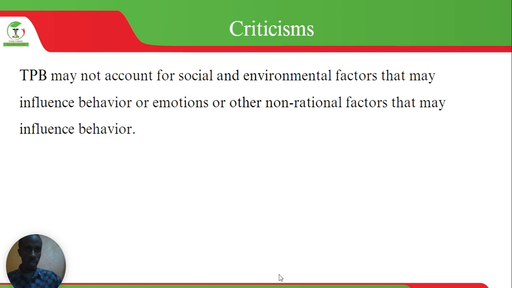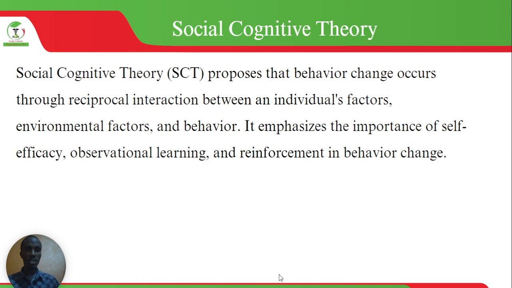So to him and the people that he worked with, behavior does not just occur, and it is not a standalone concept, but it is more of an interaction between individual factors and environmental factors and behavior itself.